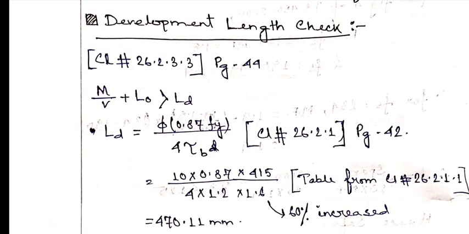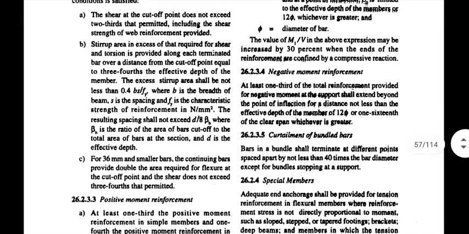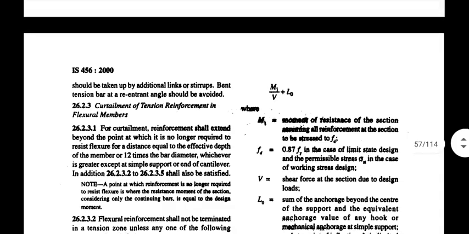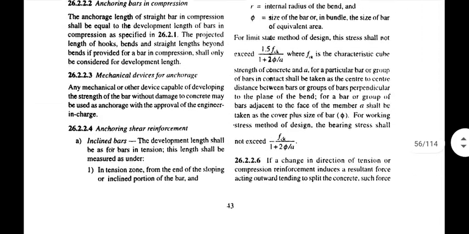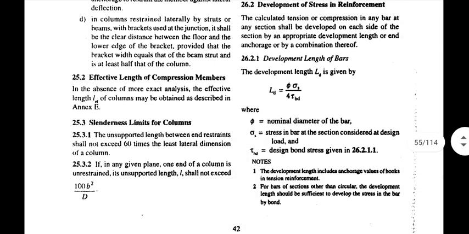Let's check the formula first from the code. So here is the formula on page 44: M1 by V plus L0 should be greater than LD. For LD, in clause number 26.2.1, is the formula for LD.